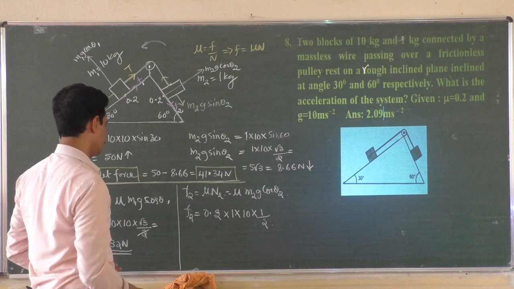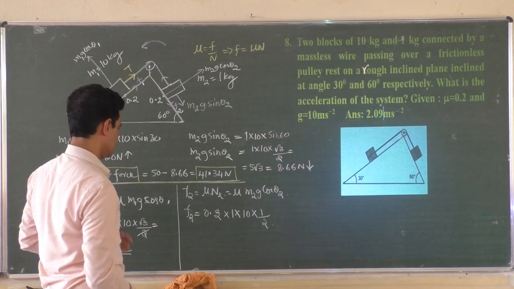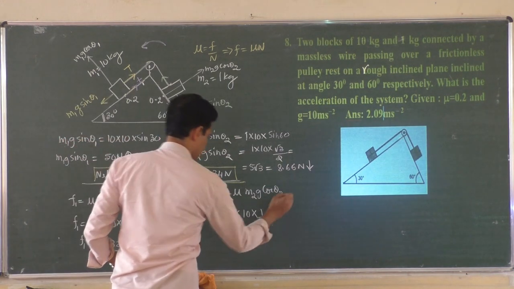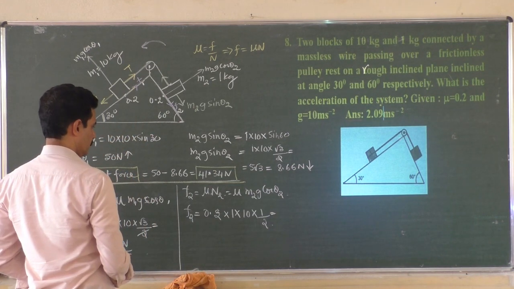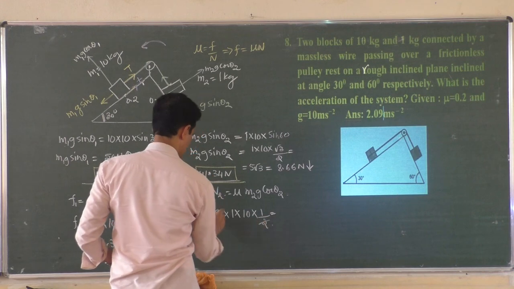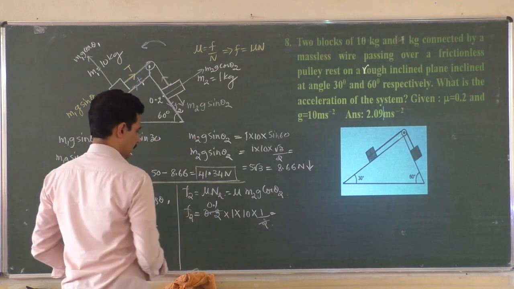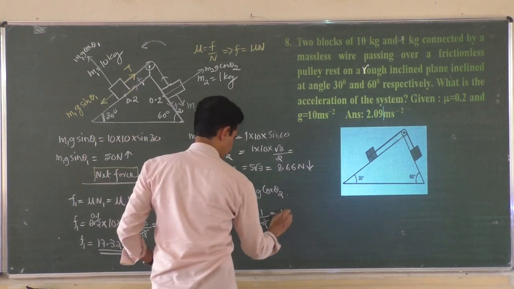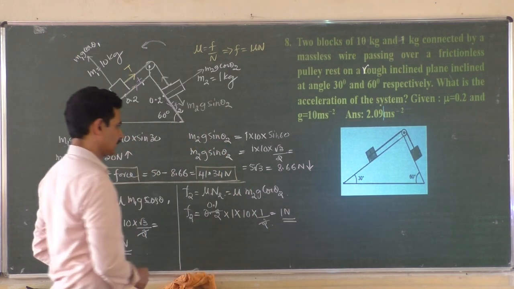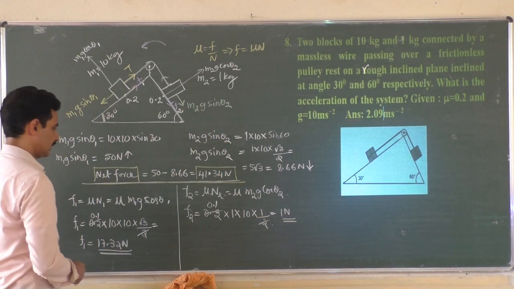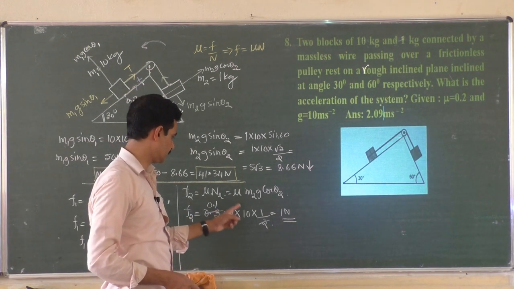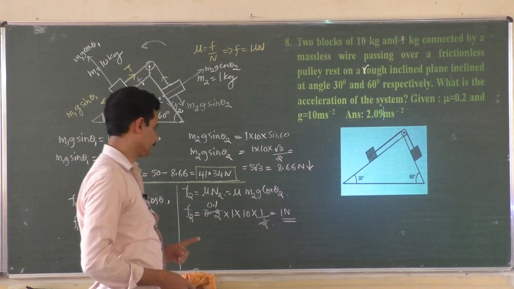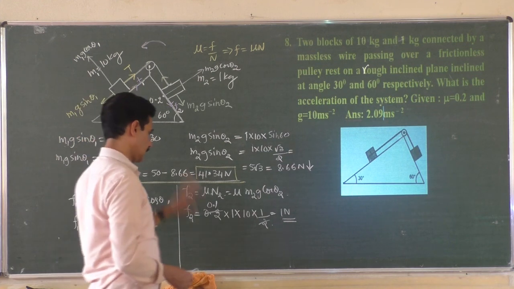So what is the value of this frictional force? That is 0.1 times 10 into 1, which is 1 Newton. So what is the net frictional force? 0.2 mu n, mg cos theta 2, 1 Newton.